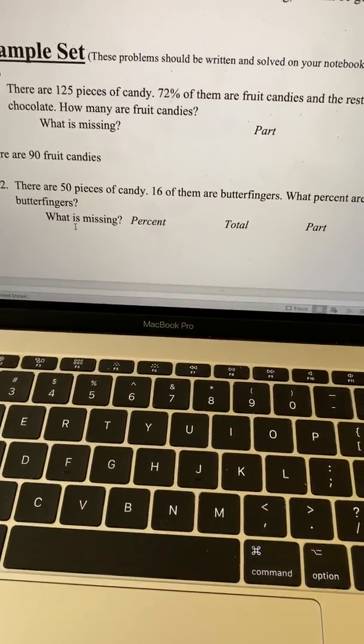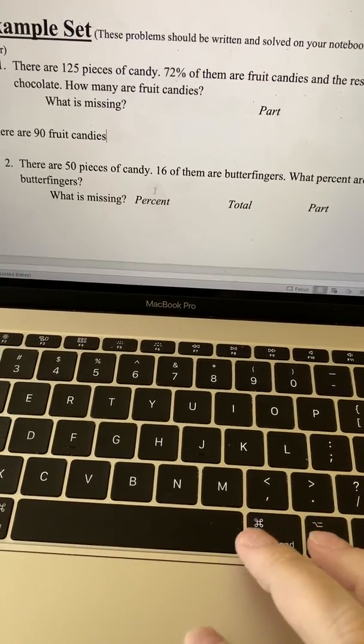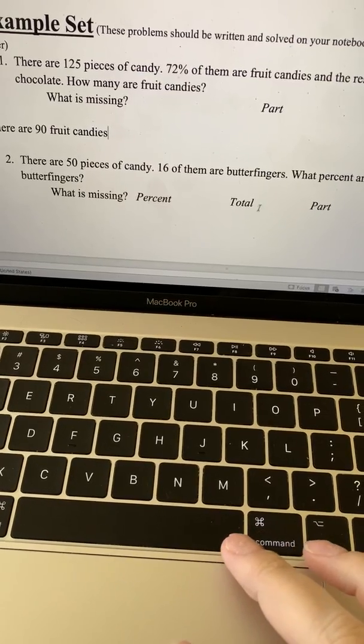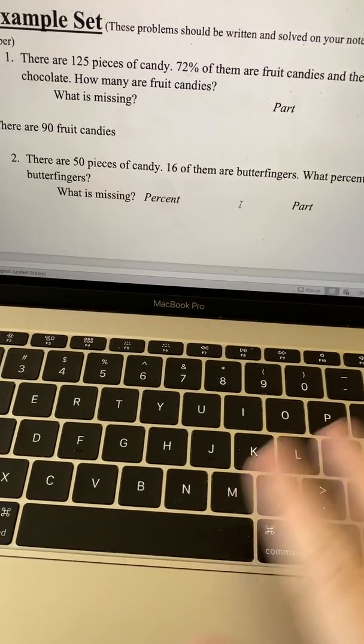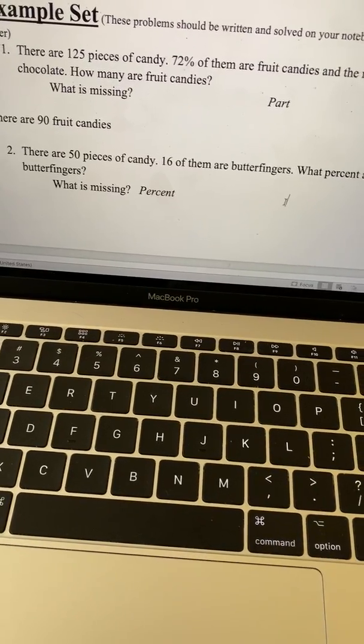It says there's 50 pieces of candy, 16 of them are Butterfingers. What percent are Butterfingers? Okay, I know my total is 50, so I can delete that because I know that's my total. I know my part is 16, and what's missing? My percent.